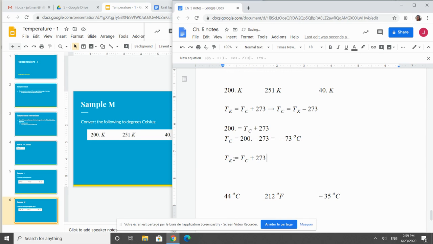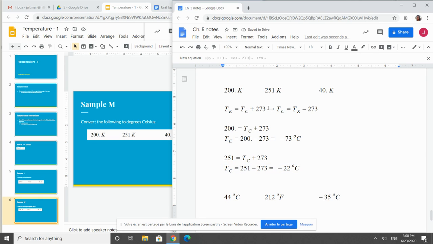Now I have 251. So we get negative 22 degrees Celsius, so also cold, though not as cold as the last one.